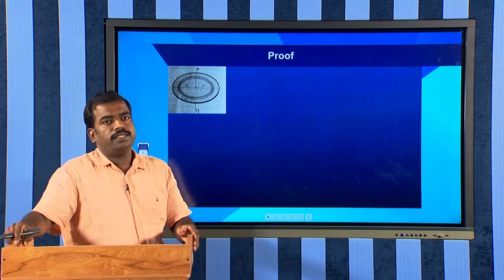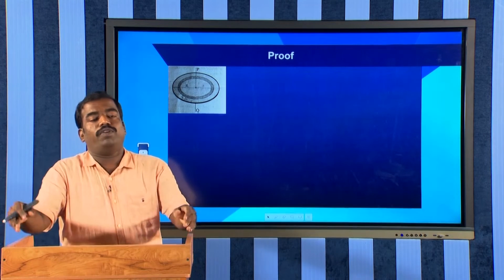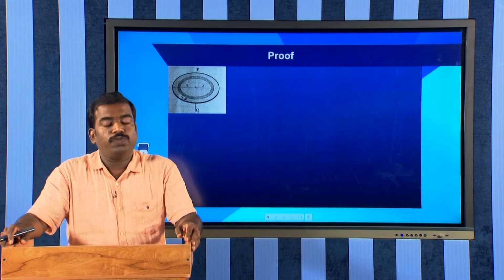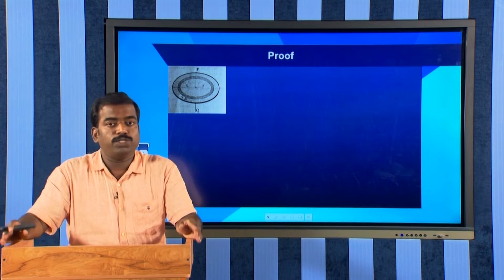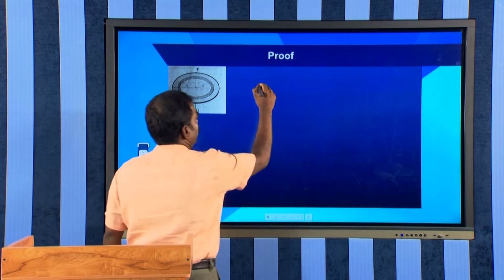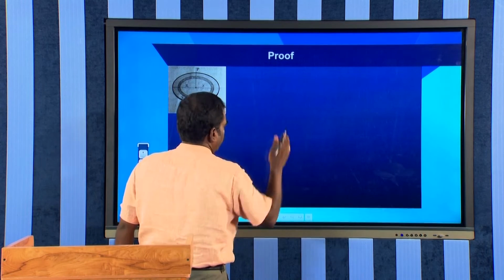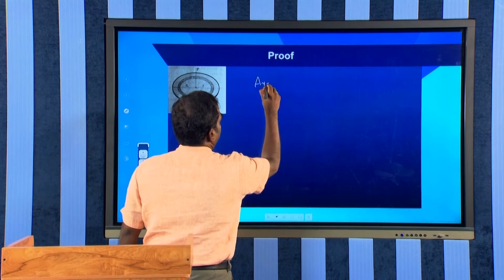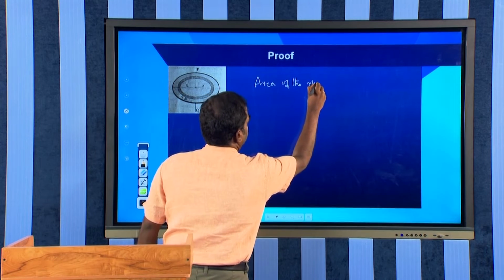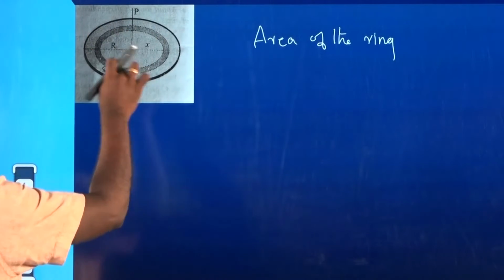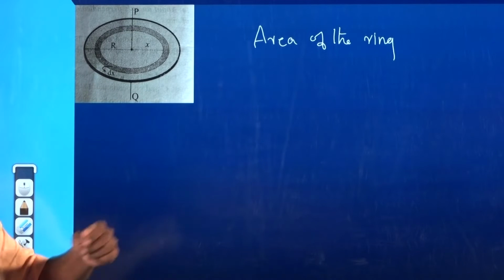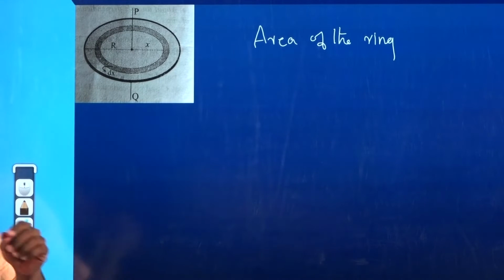We have learned the moment of inertia of a ring about an axis perpendicular to its plane. For that, first we need to find the mass of that ring. So, what is the area of that ring? Just cut that strip and stretch it out, so that it becomes a rectangle.